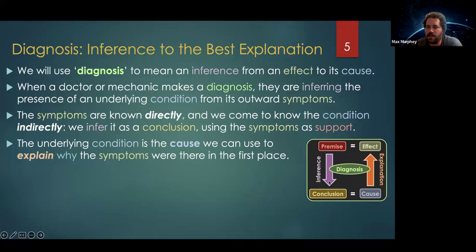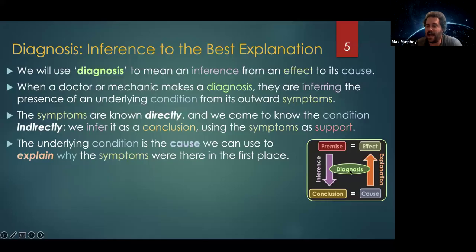Let me first call your attention to the two arrows. The arrow of inference goes this way from top to bottom. The arrow of explanation goes the other way from bottom to top. So that's something you want to get used to. What does inference connect? Well, it connects premises or support with conclusion. Always infer from premise to conclusion.